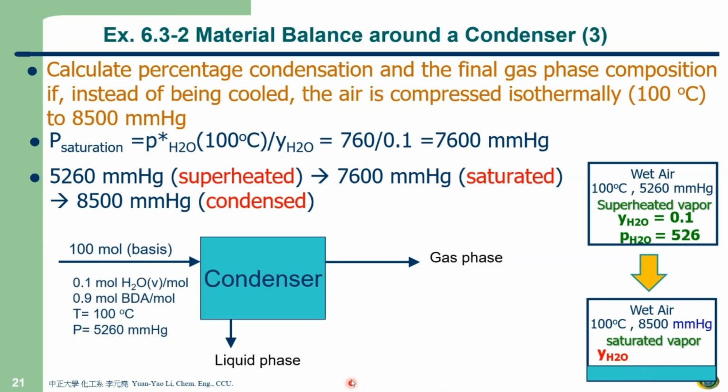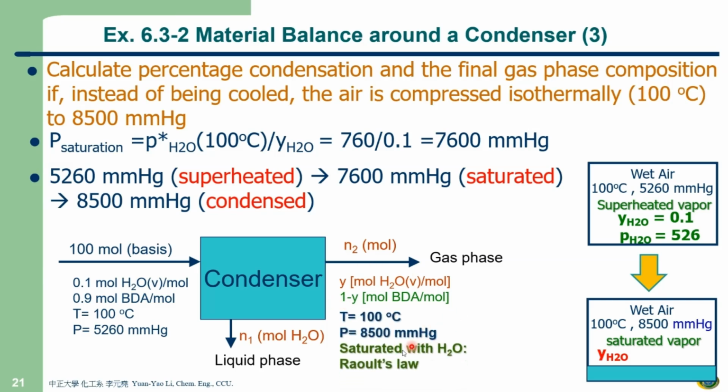This is what we already know: 10% water, 90% bone dry air, and the input is 100 Celsius, 5,260 millimeters of mercury. The only difference is the output. So N1 is the same, N2, and then Y and 1 minus Y. The only difference is the final output condition.